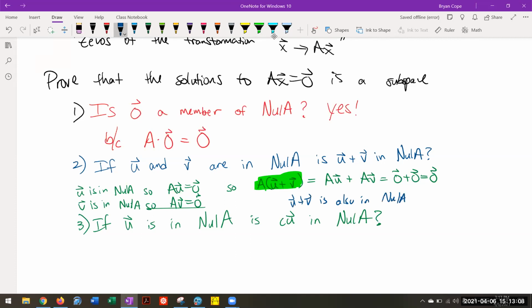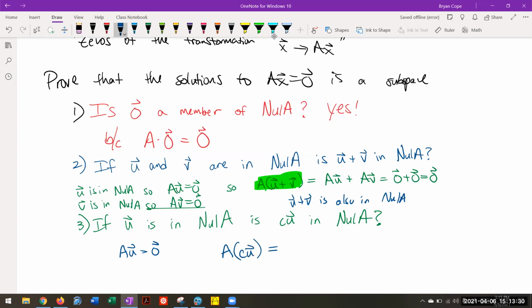Okay, we've got item 1 done. We've got item 2 done. I'm going to write up item 3 really quick, and then we'll be done. So if U is in null A, what does that mean? AU equals 0. We've got to show that CU is also in null A, meaning that A times CU equals 0. So let's investigate. A times CU.